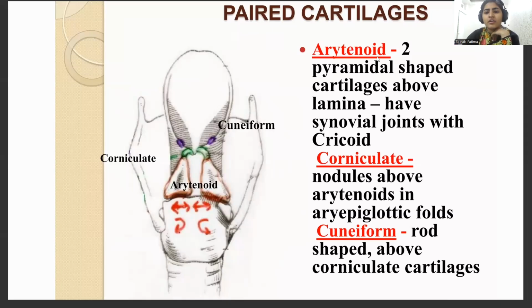The arytenoid is a pyramid-shaped cartilage above the lamina, with a synovial joint with the cricoid. Then we have the corniculate, nodules above the arytenoid in the aryepiglottic fold. Then we have the cuneiform, rod-shaped, above the corniculate cartilages.